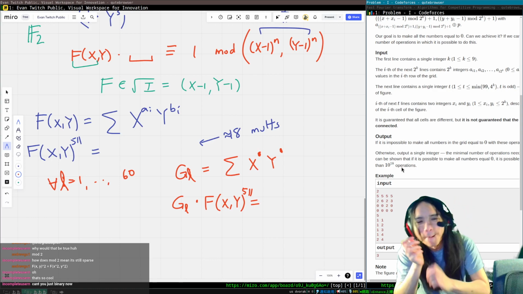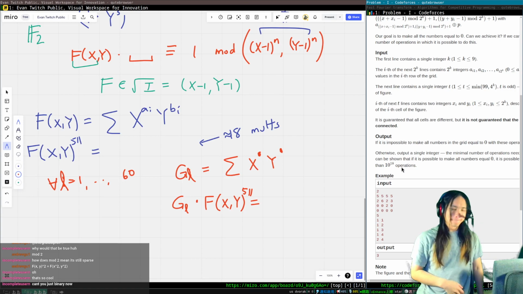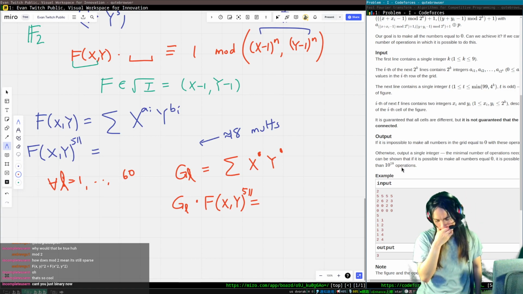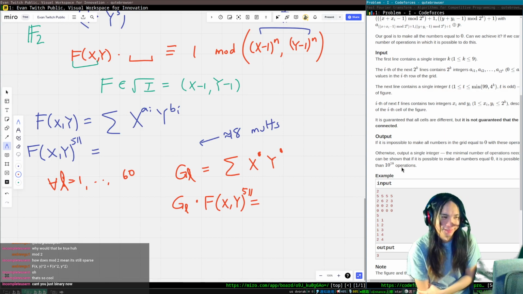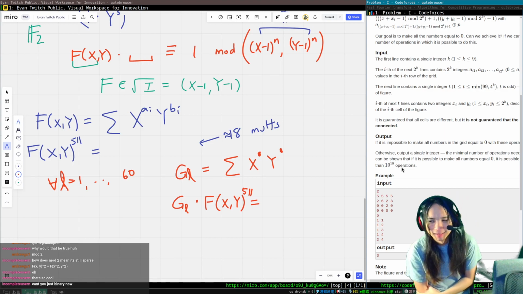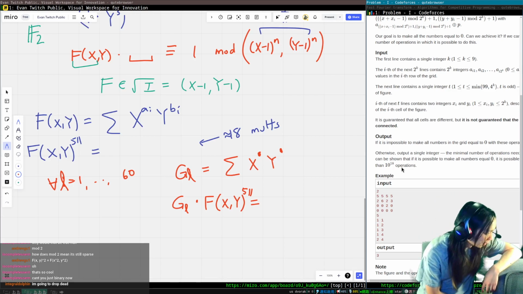Okay, when you said sparse, you meant literally the number of coefficients is small.